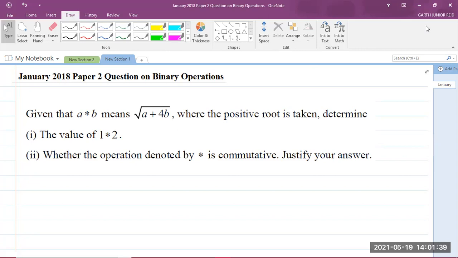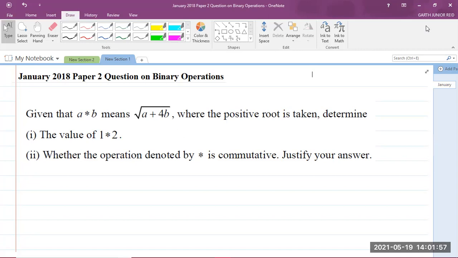I'm Mr. Garthreed here, and we're going to be looking at a CSEC mathematics past paper question from the January 2018 paper 2. It's a past paper question on binary operations, and that is in section 6 of the syllabus, algebra.